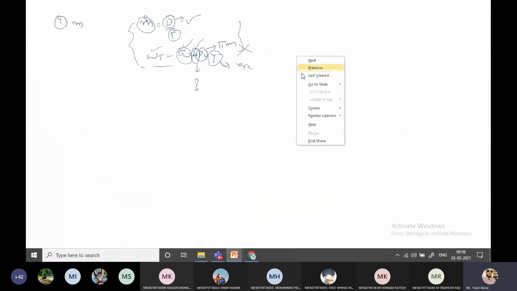If there is no interference, meaning avoiding the interference, then we have to select the number of teeth. To avoid the interference, we discussed one topic, interference and how to avoid the interference, how many number of teeth we have to maintain.